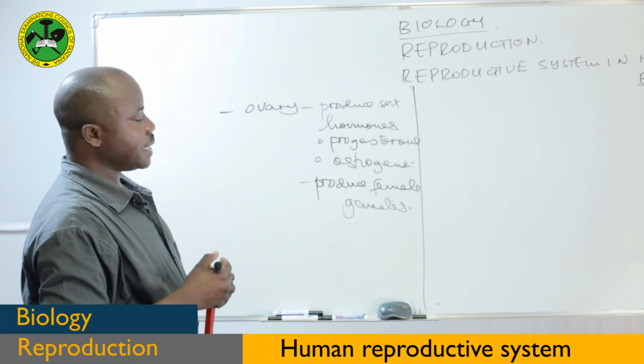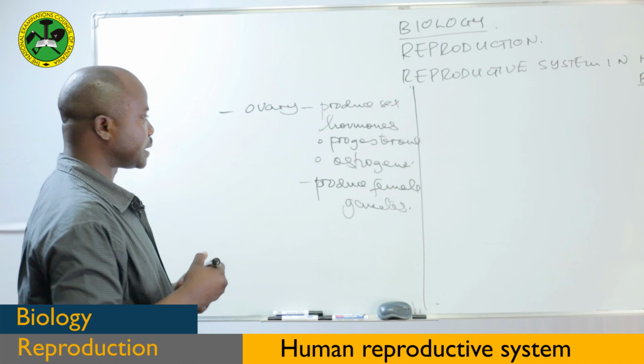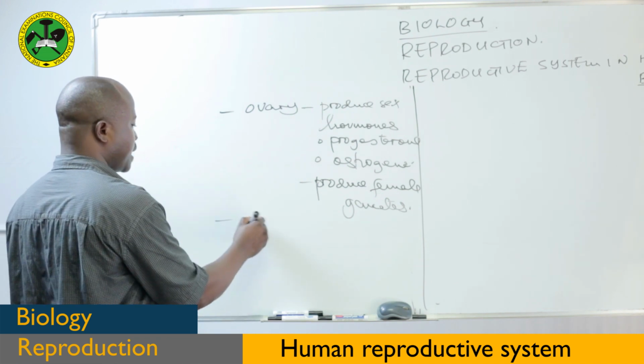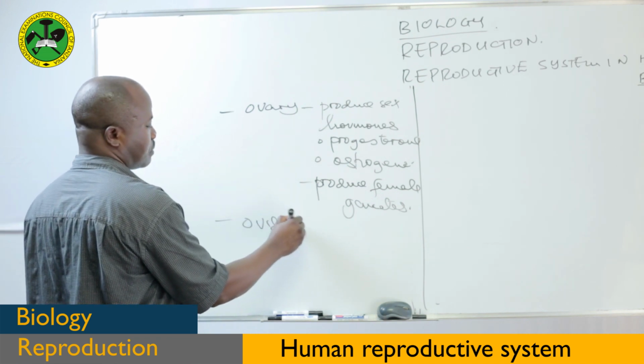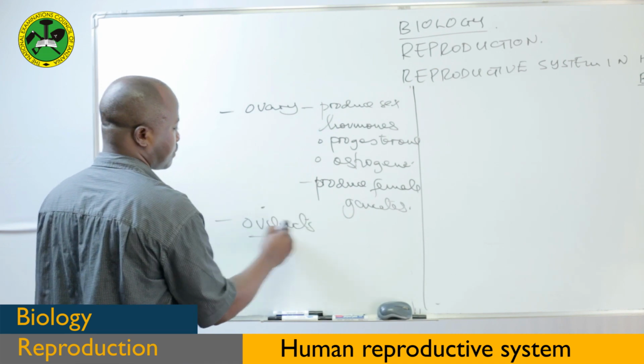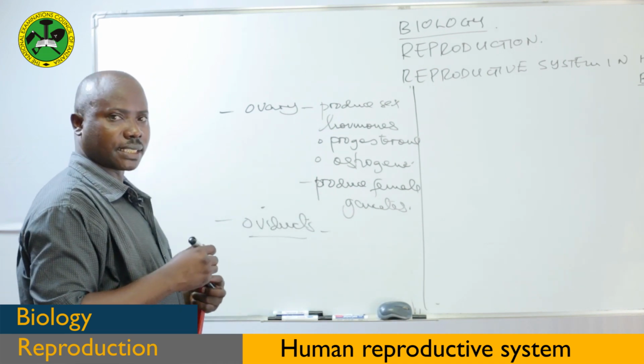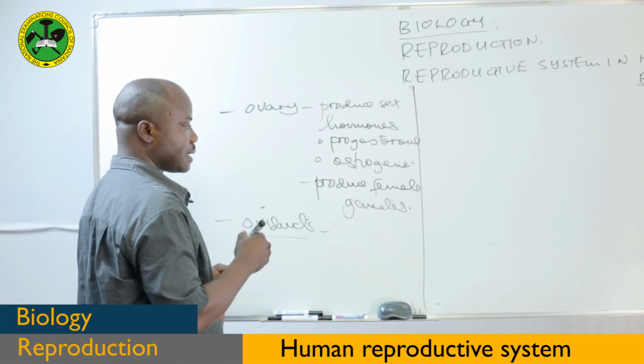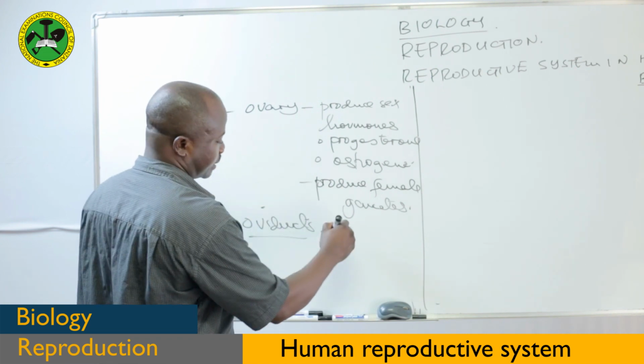Another inner part of the female reproductive system is the oviduct. The oviduct is a duct that transports the female gamete to the uterus.